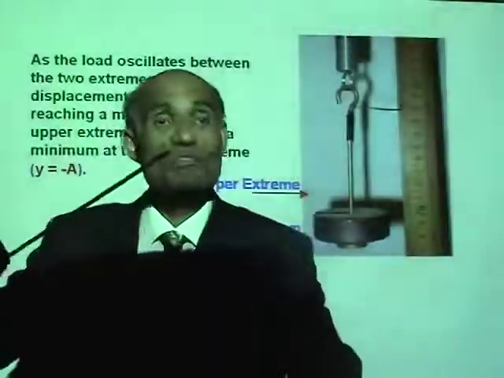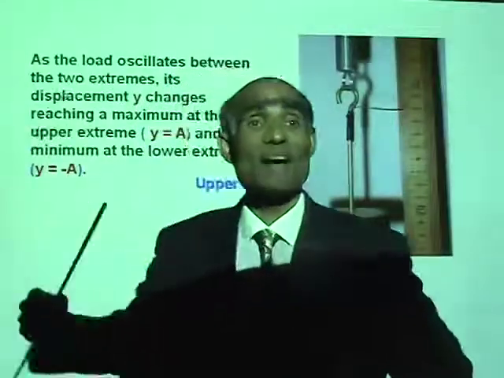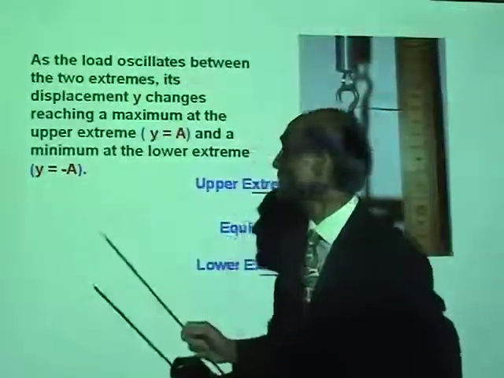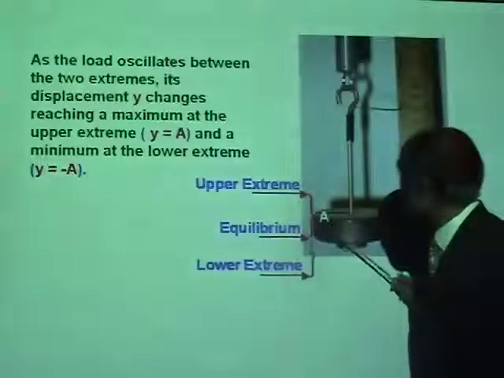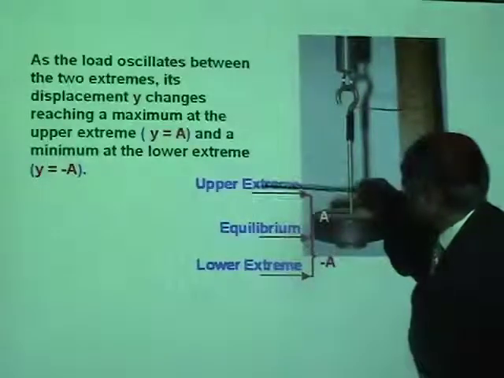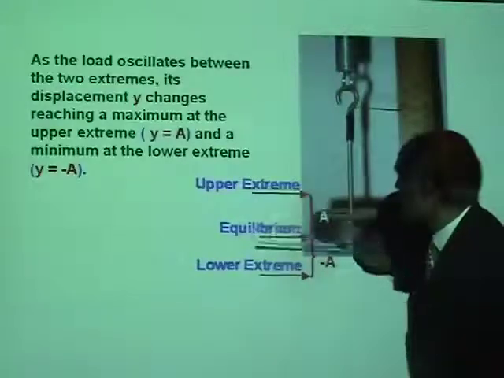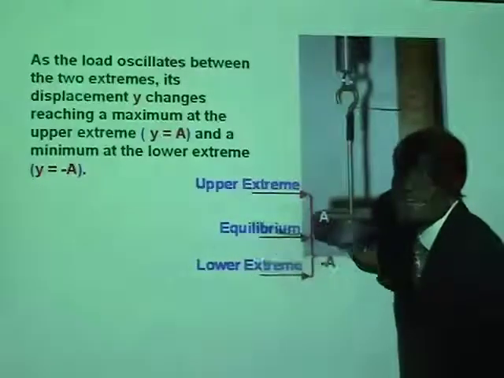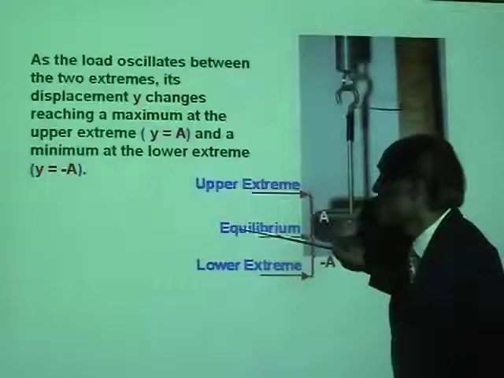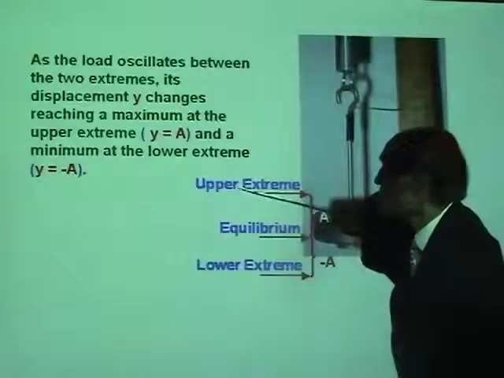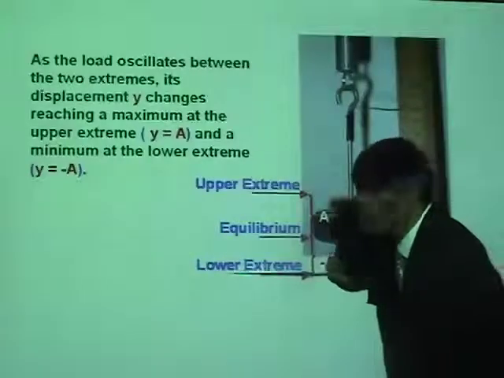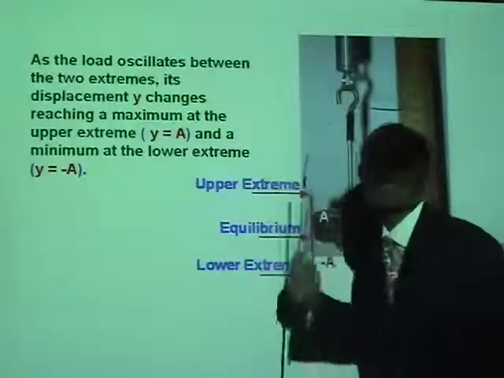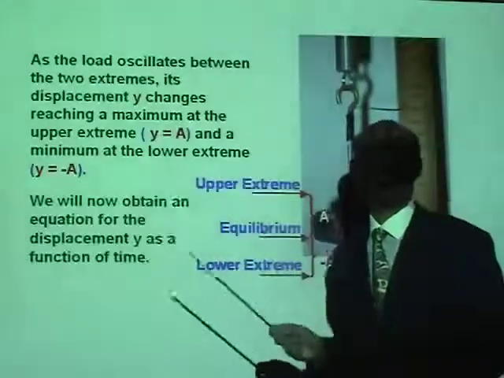It's very important to know how that displacement y changes with time. Okay, so the displacement changes from maximum value A to minimum value negative A, and it increases to a maximum, decreases to 0, and decreases to a minimum, increases to 0, and so on.